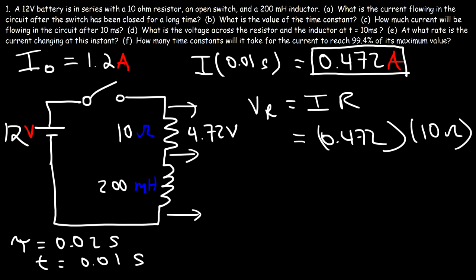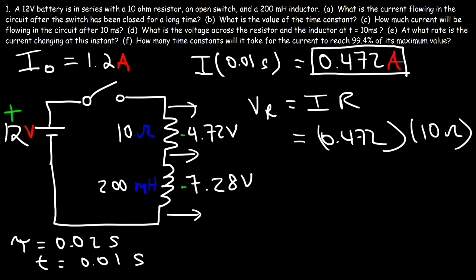Now, to calculate the voltage across the inductor, we need to realize that the voltage drops must be equal to the voltage of the battery. So it's going to be 12 minus 4.72. So the voltage across the inductor is 7.28 volts. Now, it's important to understand that this voltage is positive because the battery delivers energy to the circuit.